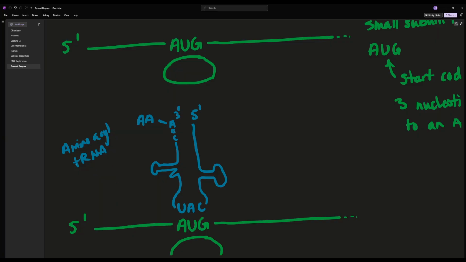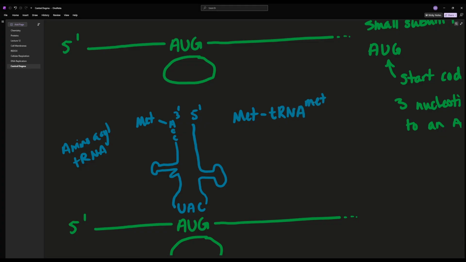And in this case, it's attached to a tRNA. Actually, I shouldn't just say amino acid. I should say methionine. This here is methionine bound to the tRNA that is for methionine.